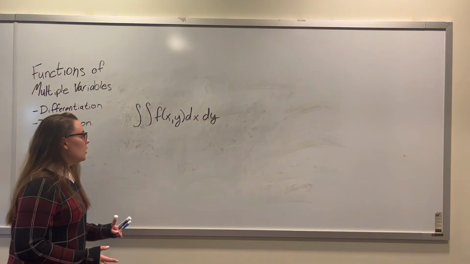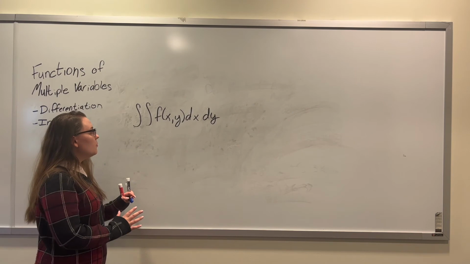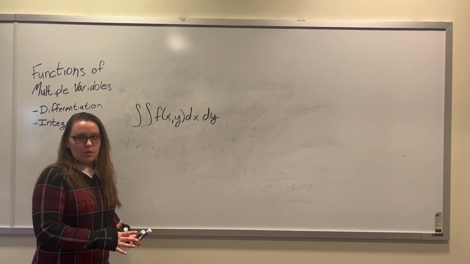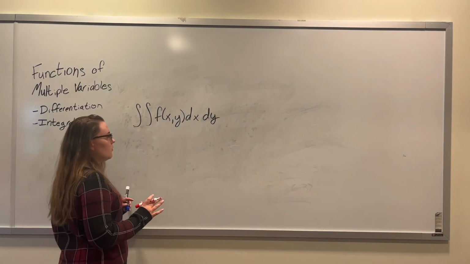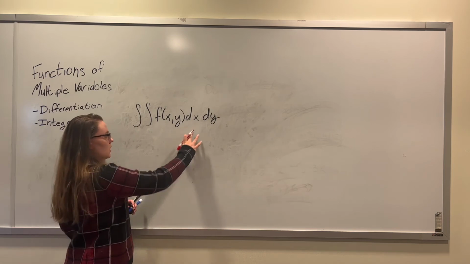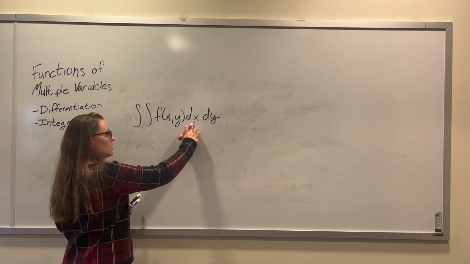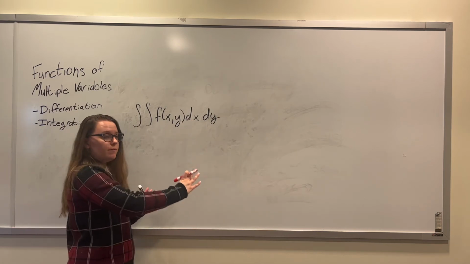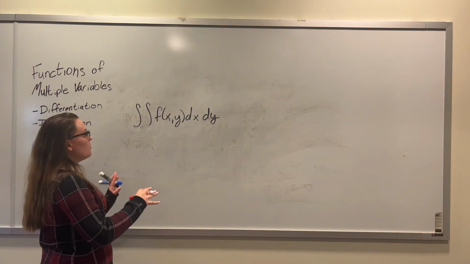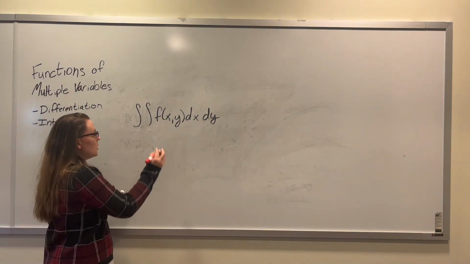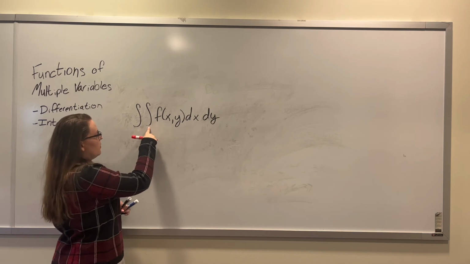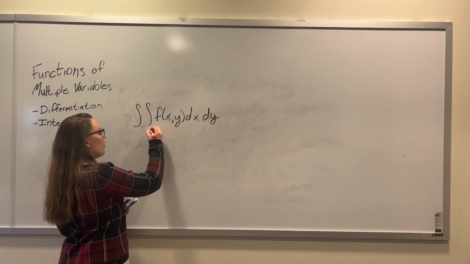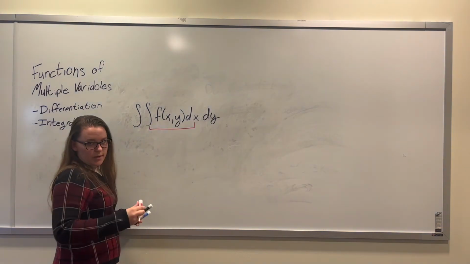So integration of functions of multiple variables is just like integration of normal functions of single variables, but you just have to be a little bit more careful and make sure that you're lining up everything correctly. So when we are integrating a function of multiple variables, we have to look at the order in which our dx, dy, dz follows, especially when we are working with definite integrals, because you want to make sure that you line up the integral with the correct dx, dy, dz value.